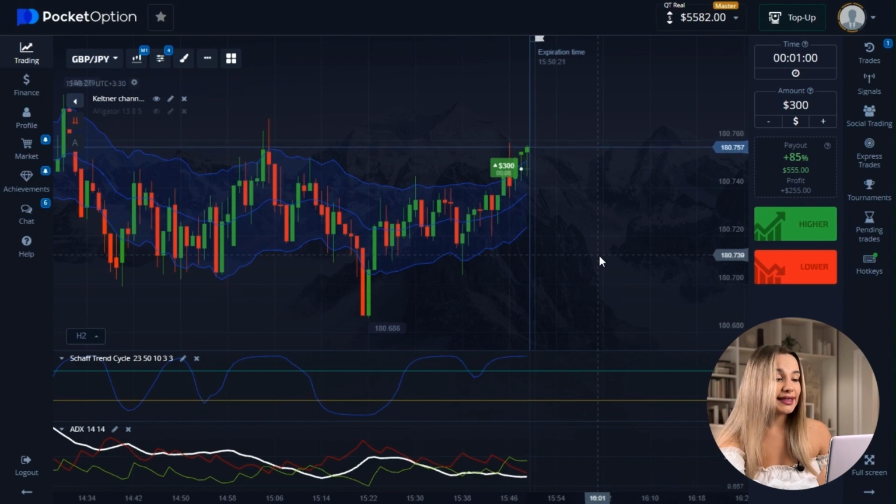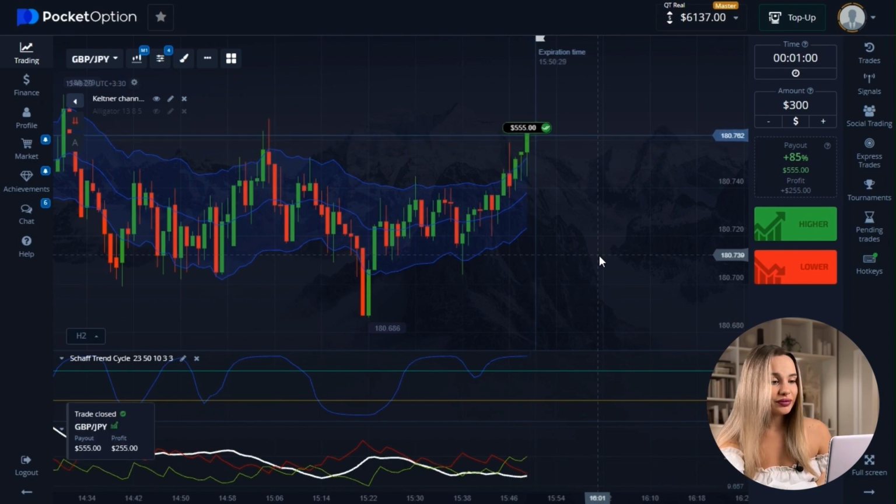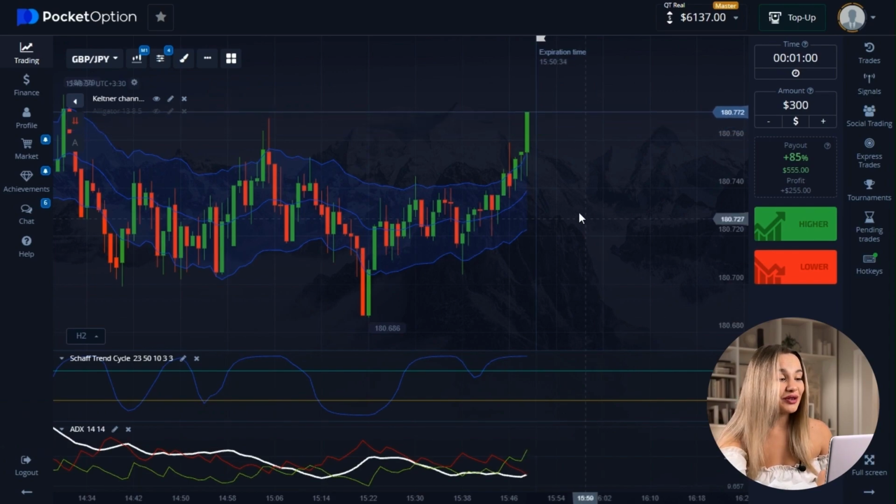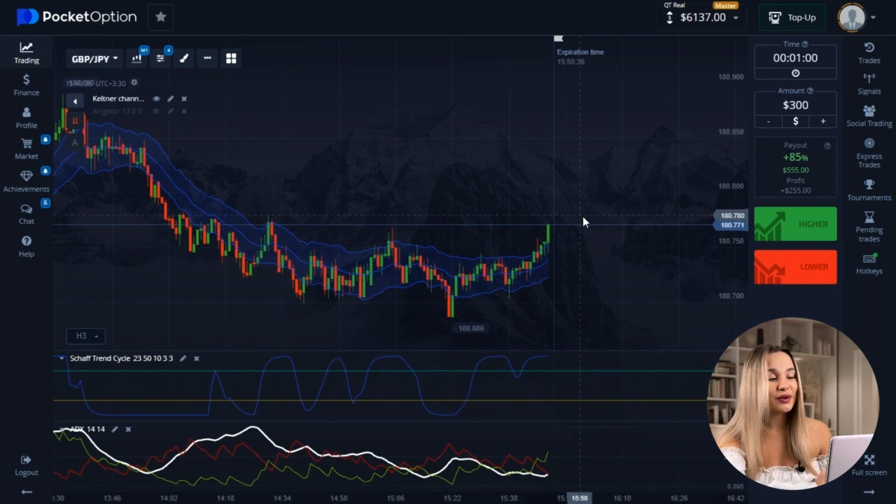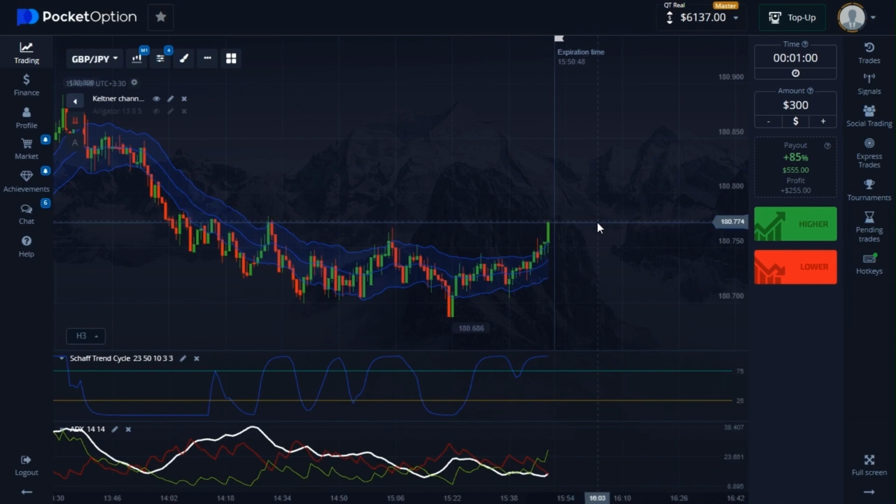For example, it can still be too sensitive to certain market changes, leading to a large number of false signals. But not this time. Not this time, friends. Another $255 lands in our balance. So let's keep an eye on this currency pair to catch a new trading opportunity.